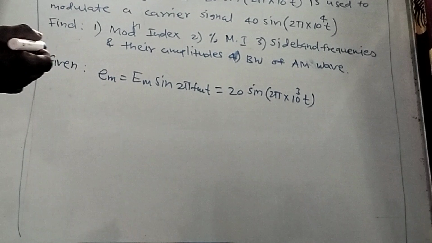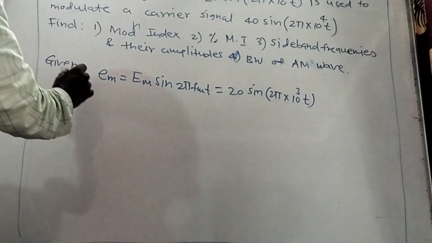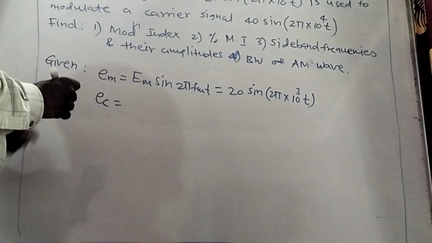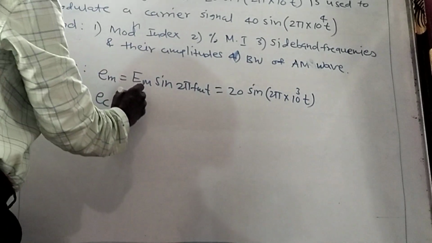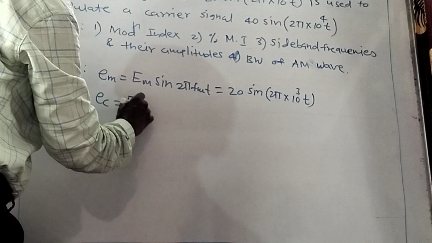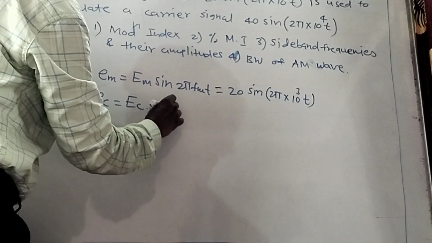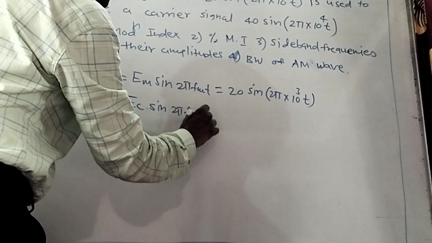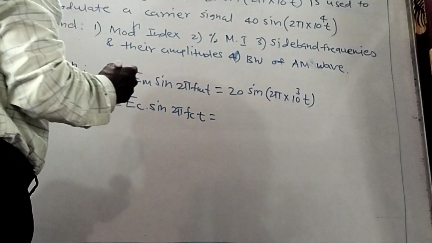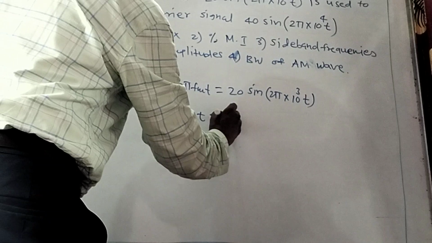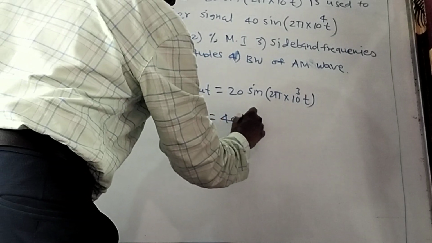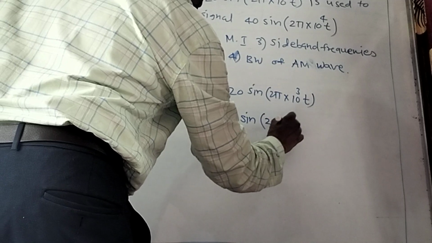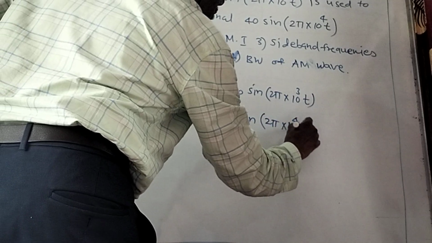Next, the carrier signal: EC is equal to the standard equation, capital EC into sine of 2 pi into fc into t, that is equal to 40 sine of 2 pi into 10 raised to 4t.